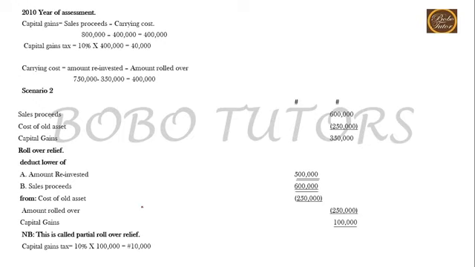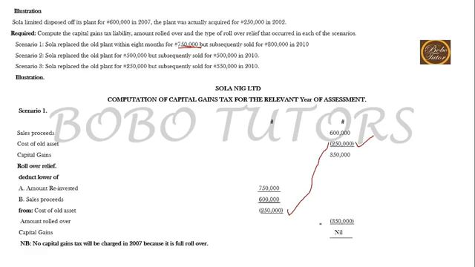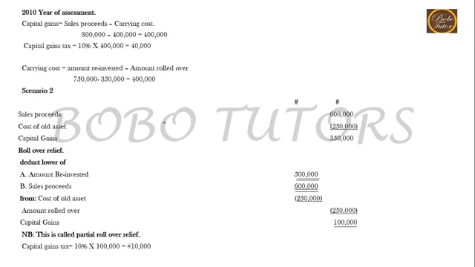You understand? So the deduction of this gives us 400,000, making 800,000 minus 400,000. That's 400,000.